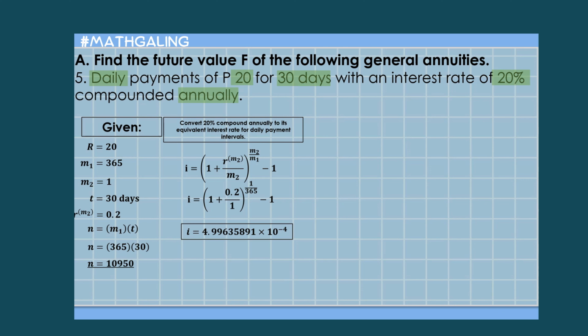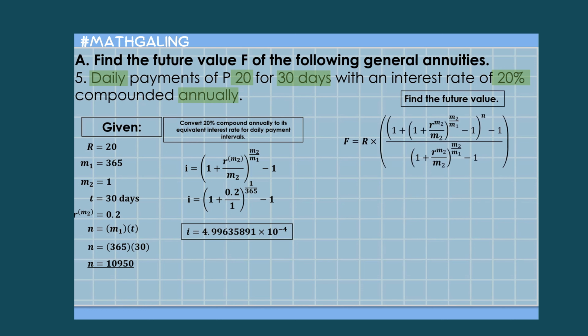So it is very long, guys. So we're going to use the other formula because it's so very long. So here is the new formula. If the answer in your I is very long, you have to use this type of formula.